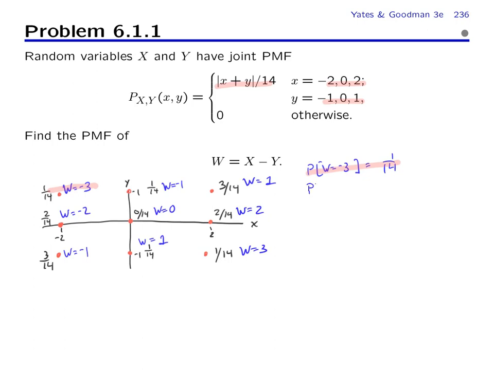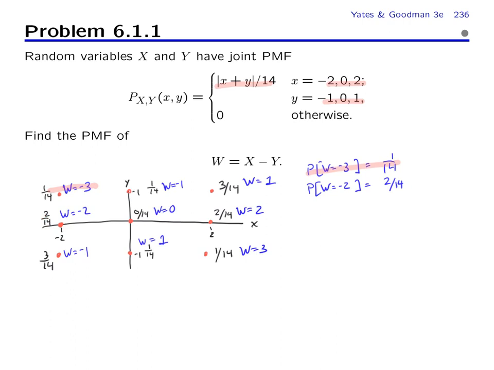Similarly, the probability w is equal to minus 2 is 2/14ths, because this is the only xy pair that generates w is minus 2, and its probability is 2/14ths.